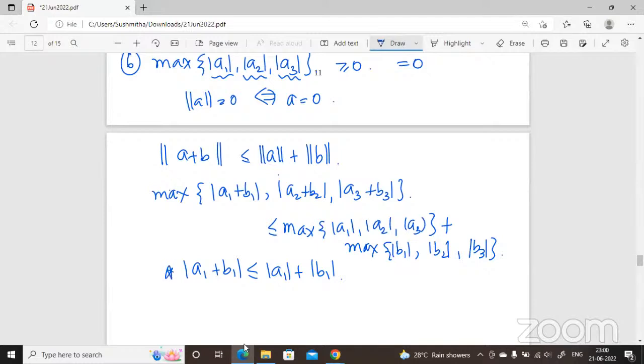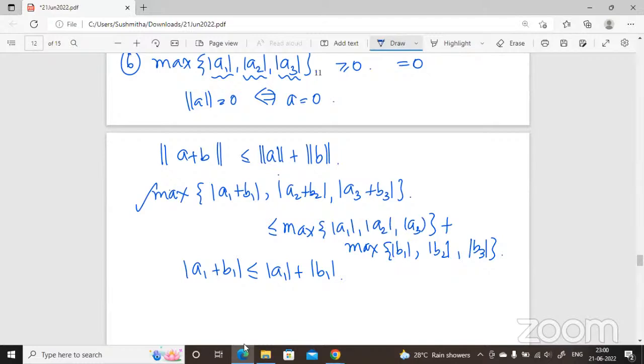Ma'am, to verify this, the values of A1 and B1 we choose, do we need to plug in the values? This is actually true, no? If you want to show something is true, you have to prove it. If you want to show something is false, then you can choose numbers.